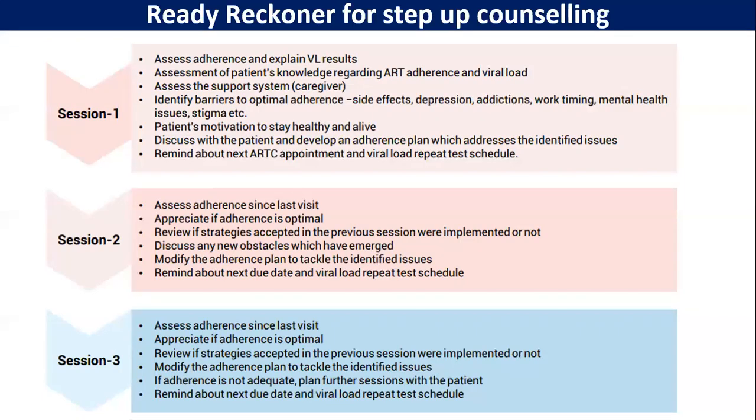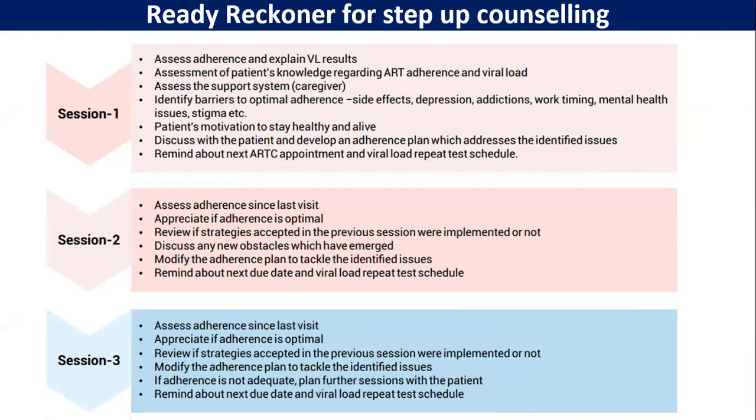So in ESC, what are the different areas that we stress upon during enhanced adherence counseling? In the first session, we first assess the adherence, explain the viral load result, assess the patient's knowledge regarding ART adherence and viral load, and assess the support system, that is the caregiver. It is particularly important in cases of people with mental retardation, and in children.